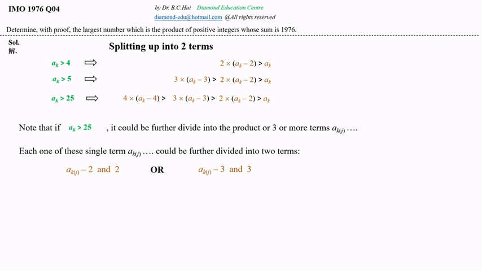So, we only need to consider the case of dividing each single term, say ak of j, into ak of j minus 2 and 2, and ak of j minus 3 and 3. With the division ak of j minus 3 and 3 preferred, as that will give us a larger product.